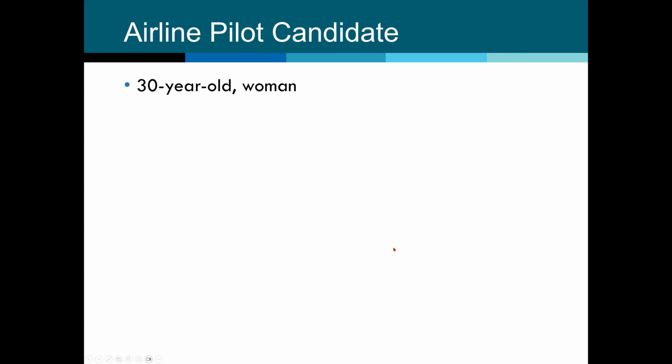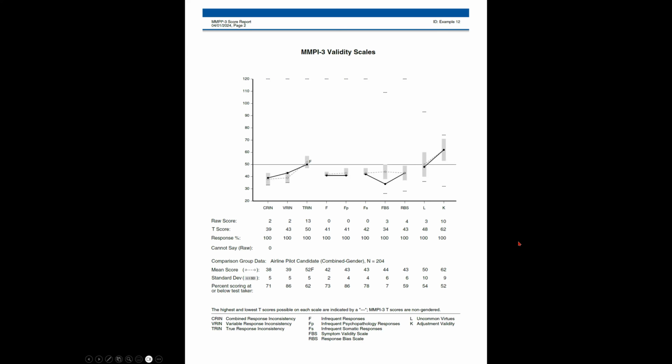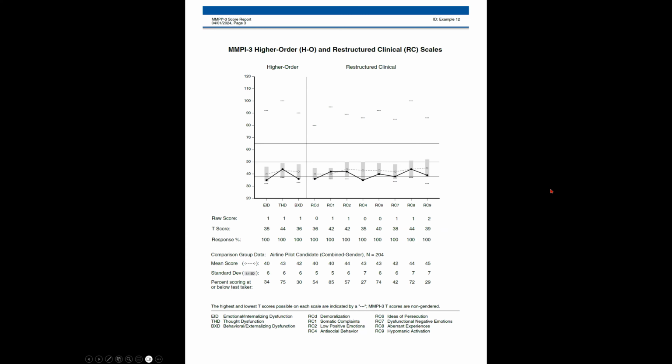Next, we have a protocol for a 30-year-old airline pilot candidate using our recently added airline pilot comparison group. She's about as prototypical as they come in terms of scores being very close to the comparison group mean. Nothing stands out on the substantive scales.